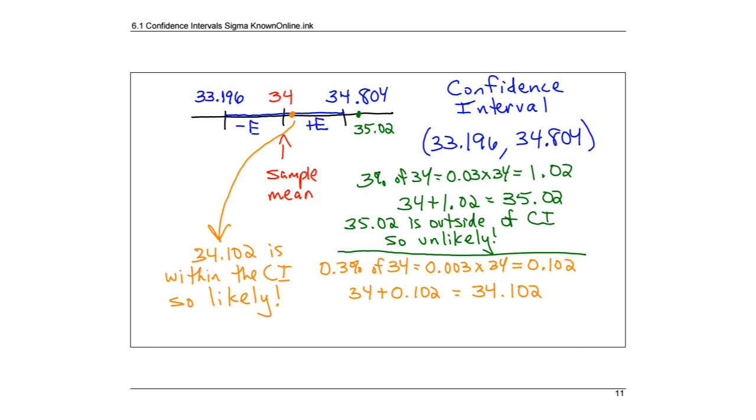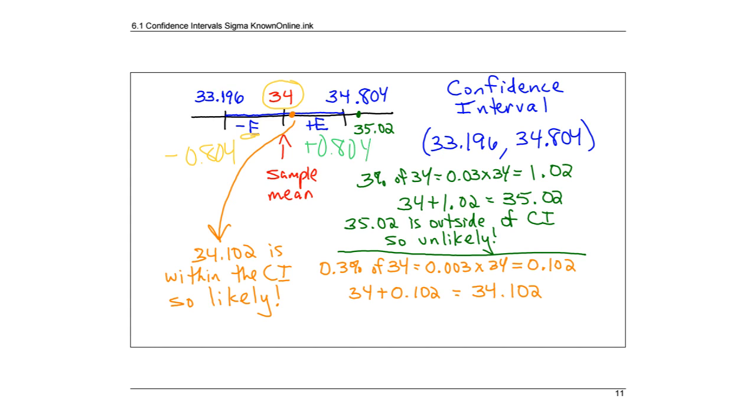So I went back to drawing a picture. I always like to draw a picture. I like to see what's going on. So I put my sample mean in the middle. They told me that was 34. And then on the left side, I subtracted 0.804. That's what we found to be the margin of error, that was E. And then on the other side, I added 0.804, the margin of error.